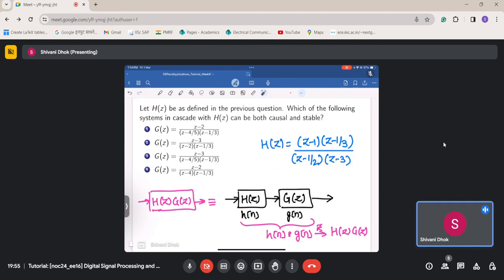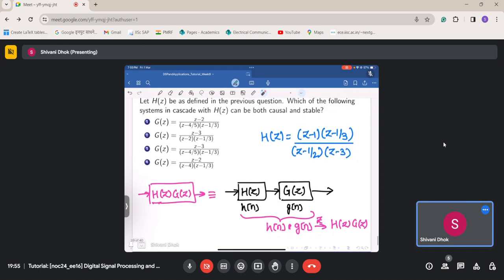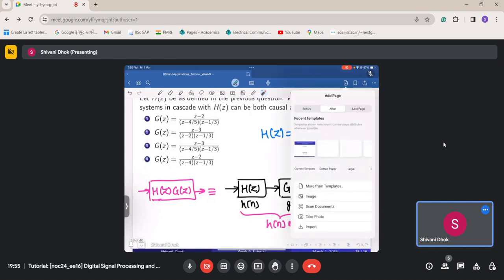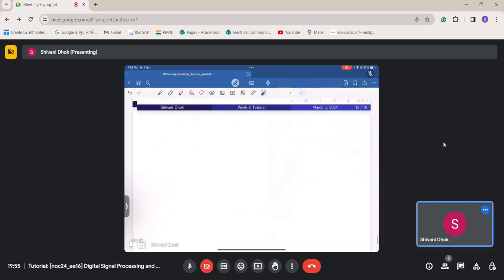And because of that, I'll be able to cancel out this particular pole. So let me write it down. In H(z), the z equals 3 pole is troublesome.